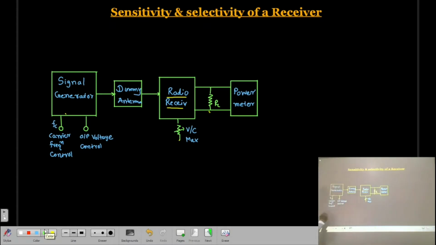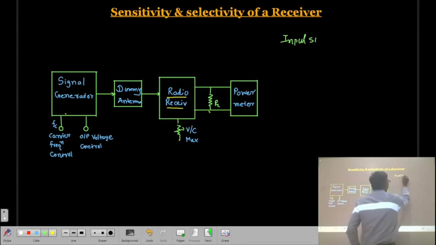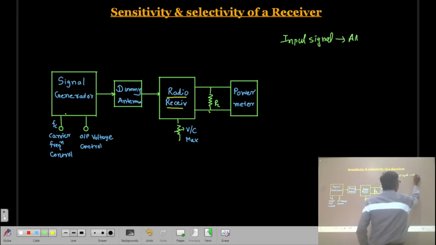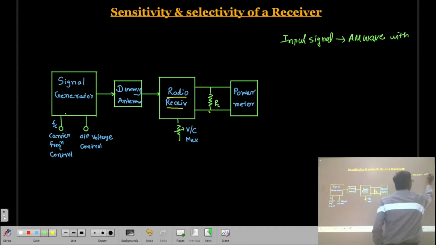That input signal must be an amplitude modulated wave with a modulation index of 30% and a modulating frequency of 400 Hz.